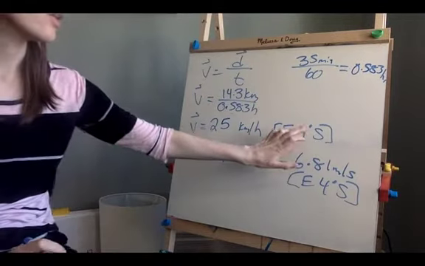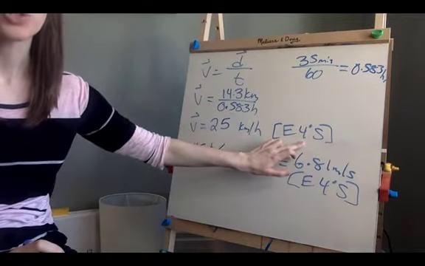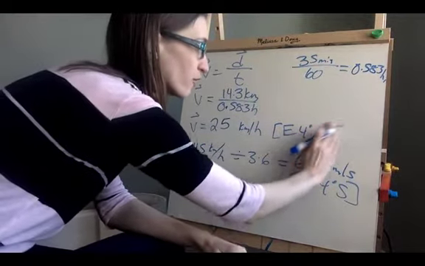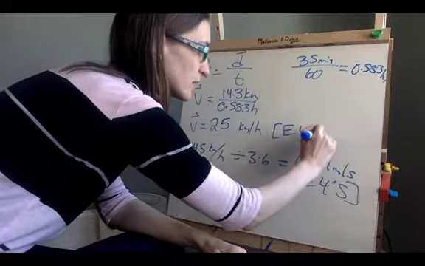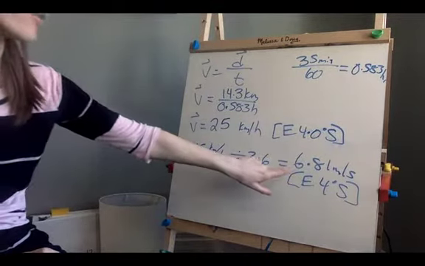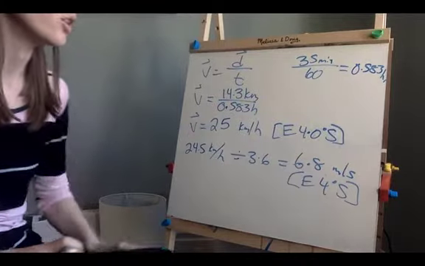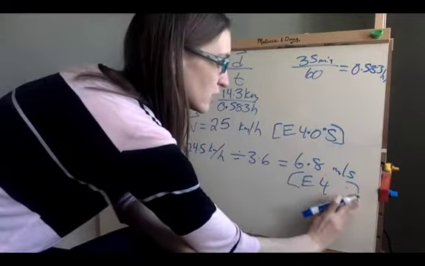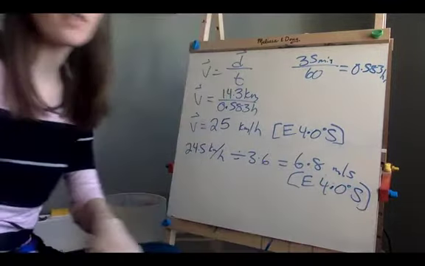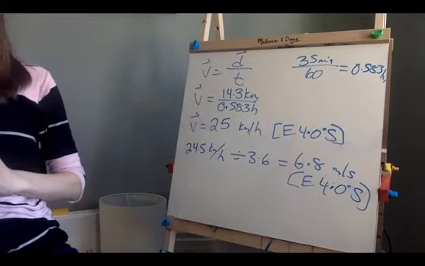When we did this, it was 3.98, which means we would have rounded it up to 4 anyway, but it would just be 4.0 if we want to write it correctly with the sig figs. And then for this with 2, we'd have to get rid of that 1 and just have 6.8, and then still write this with 4.0 degrees. Okay, and then that fixes our sig figs, right, because we only get 2.